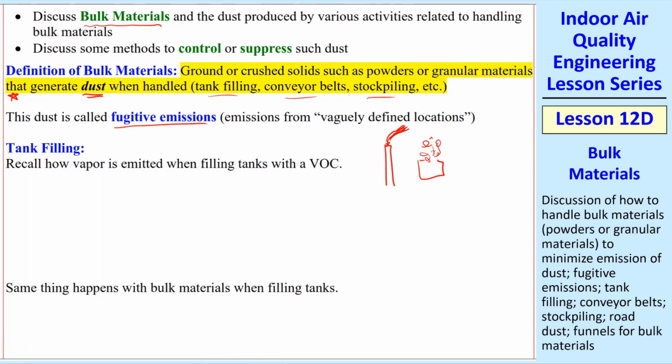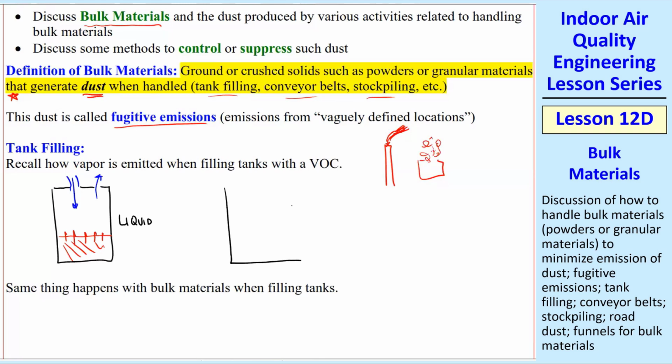I want to start by looking at tank filling. And if you recall, we had a previous lesson about filling tanks with liquids. If you have some liquid coming in to a tank like this, you have liquid building up, and as the surface moves up, it acts like a piston and pushes the air as well as the contaminant out. The exact same thing happens with solids.